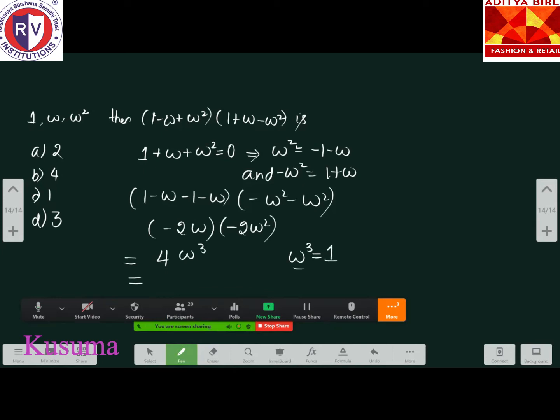The value of omega cube is 1. So this will be 4 into 1, which is 4. The value of 1 minus omega plus omega square into 1 plus omega minus omega square is equal to 4.